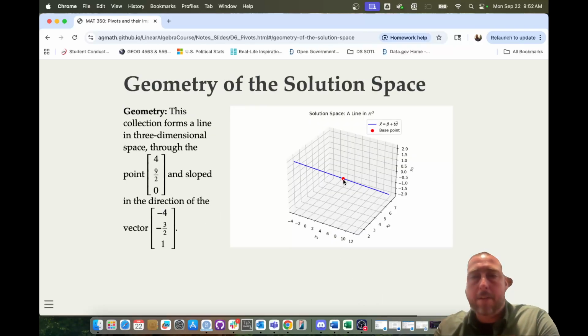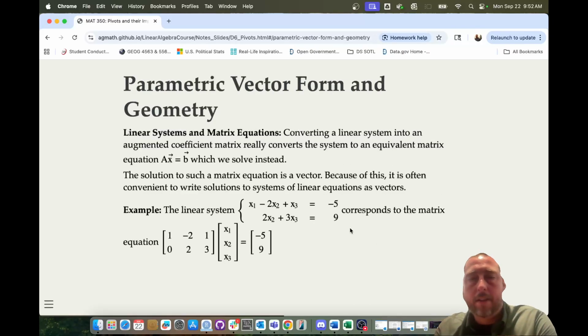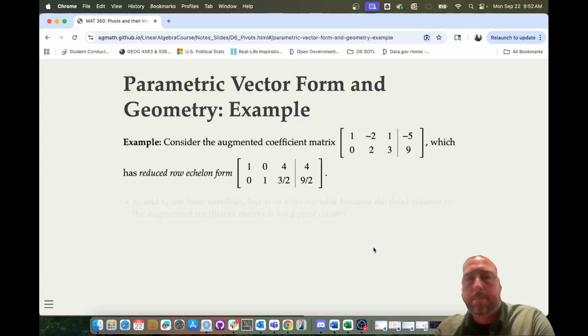So there's my base point, 4, 9 halves, 0. And then a directional vector, negative 4, negative 3 halves, 1. So all of the points along this blue line are solutions to that system that we started with. That system was this one. So an entire line of points satisfies that system.